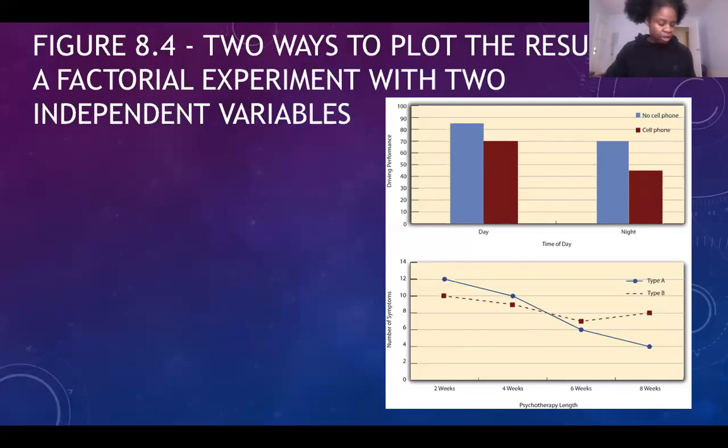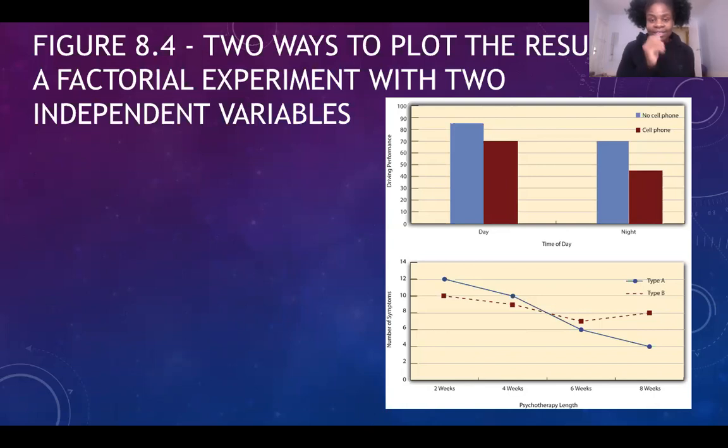The top panel shows the results of a 2x2 factorial design. The time of day is represented by locations on the x-axis, and cell phone use, whether or not one utilizes a cell phone, yes or no, is represented by the different colors.